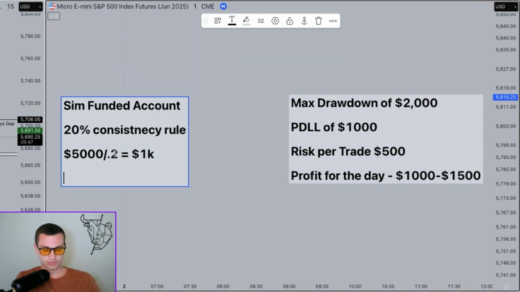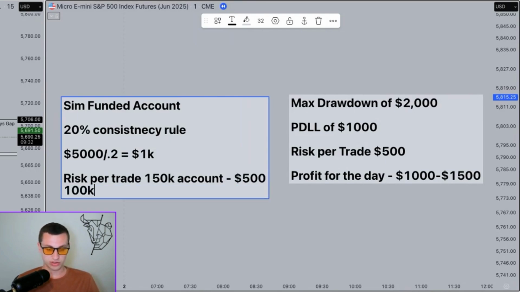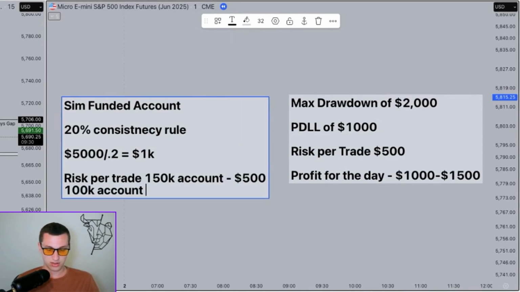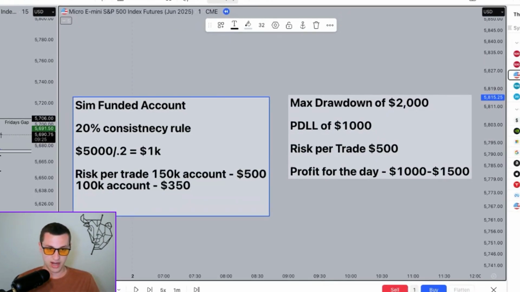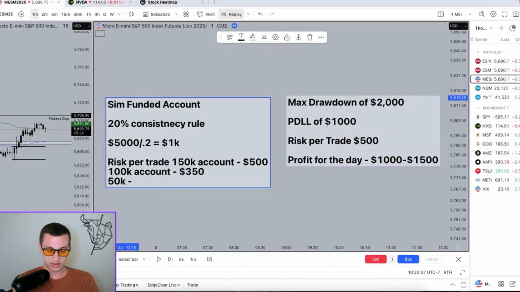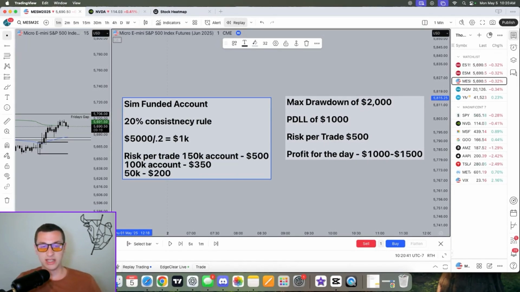So with that being said, let's get down to risk per trade. For a 150K account, I recommend risk per trade of around $500. For a 100K account, I would do $350. And for a 50K, $200. This is going to keep you in the game for longer.